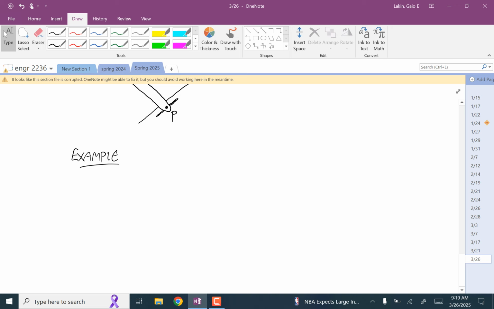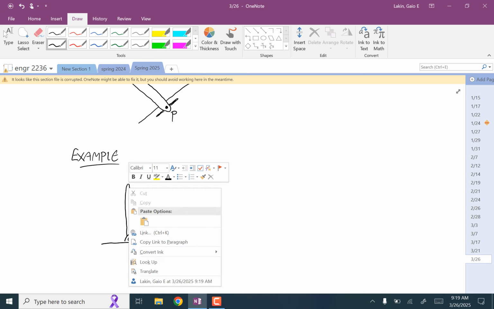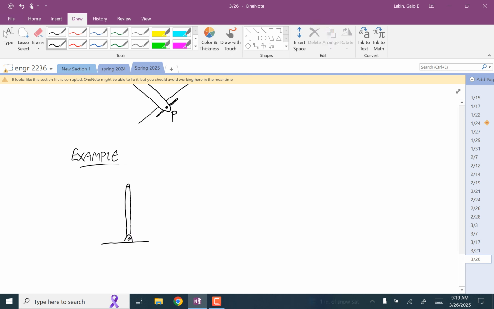So for the simplest example possible, let's say we have this body connected to the ground by a pin, and then it's connected to this horizontal body. Let's say that the lengths of each of these are 0.5 meters, and the masses are 2 kilograms. And I'll number these.